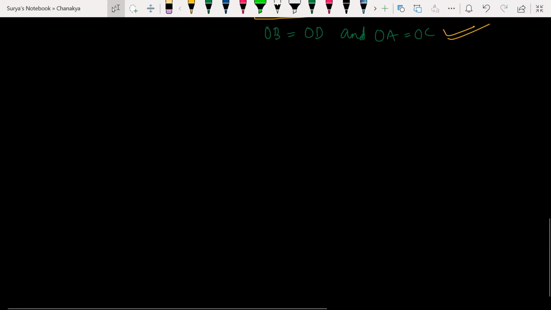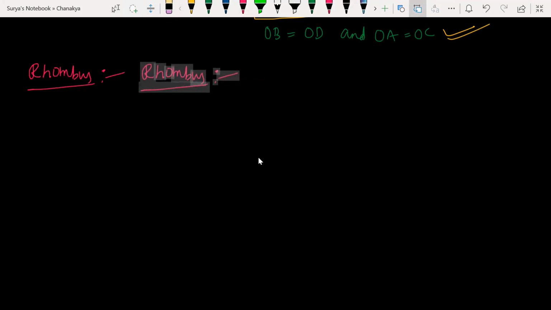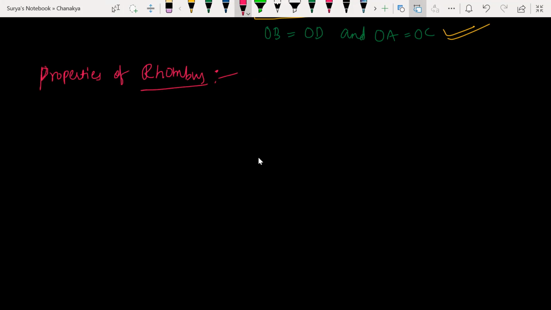Guys, we'll learn now the properties of rhombus, though we were not asked to do anything about it. Those are the properties of rhombus.